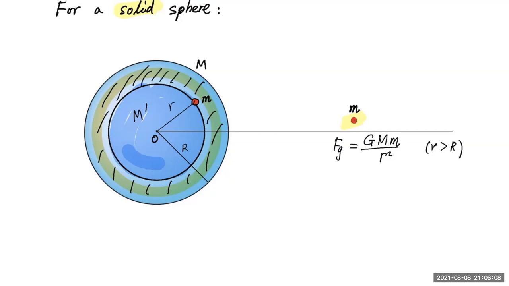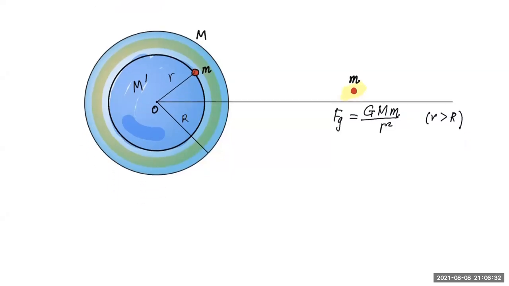You can think of this region as made of a whole bunch of very thin shells, and this point mass is inside all of these thin shells. Therefore, each thin shell produces a force of 0, right? So you don't have to worry about this region at all. I'm just going to cross out all these bars here. The force exerted on the red point mass from this region is 0. You don't have to consider it.